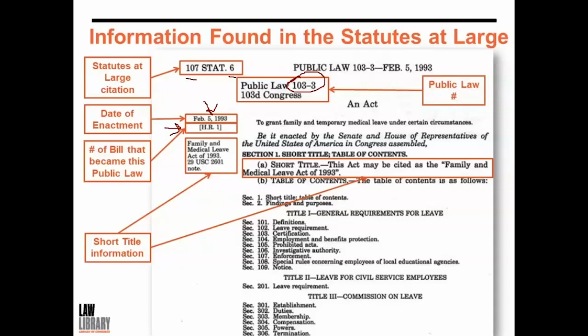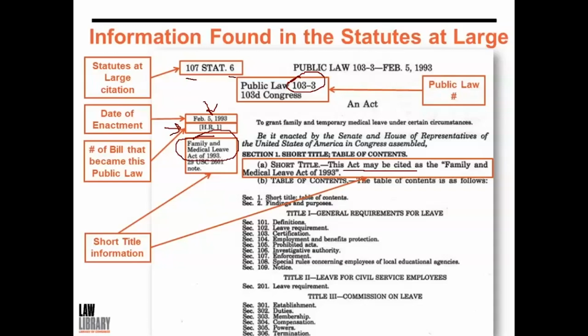And then the final thing I want to point out is the short title. That's typically going to be provided right at the beginning of the text and also highlighted in the margin notes. So it draws your attention in 2 different places. Short title is how we've been referring to this law during the lecture. Family and Medical Leave Act is how most people would refer to it.